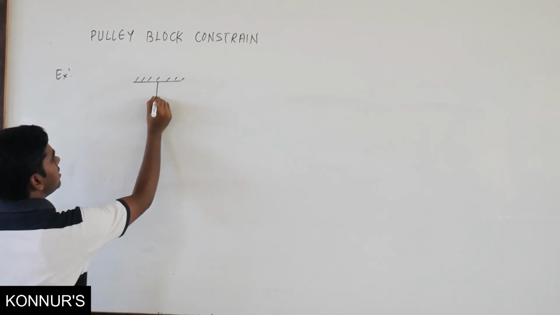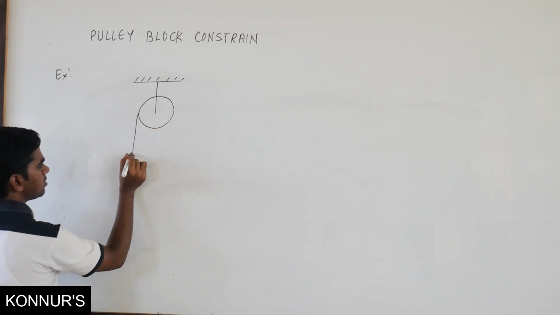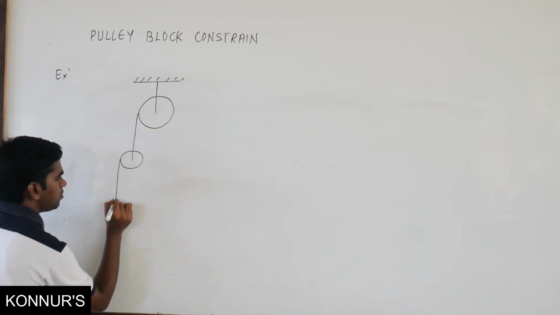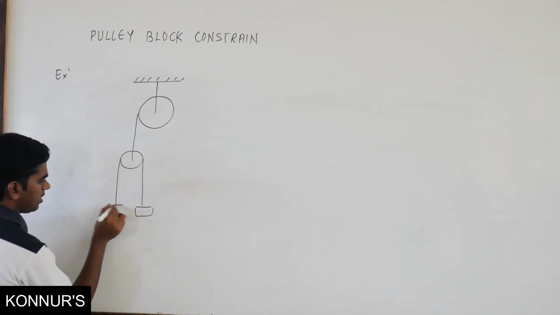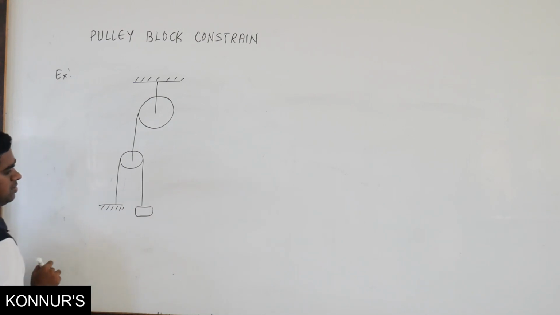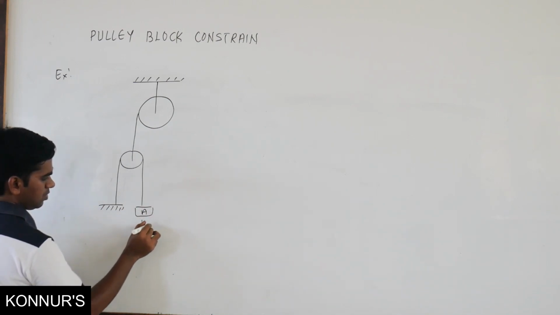Suppose a bigger pulley is connected here, and this is connected to another smaller pulley. To this pulley one mass is connected, and another is connected to a rigid support. Say this mass is A, and this is moving in downward direction with velocity, say, 4 meter per second.